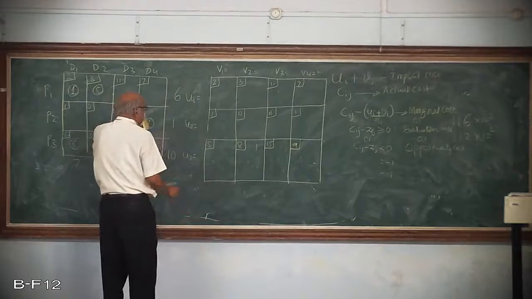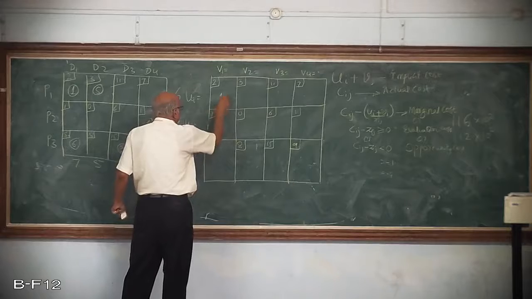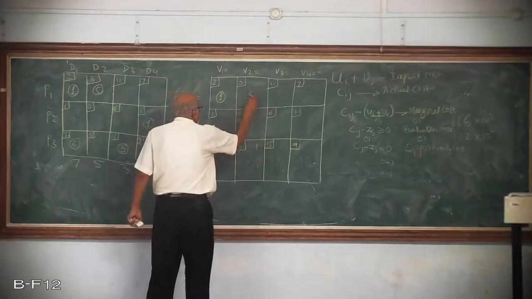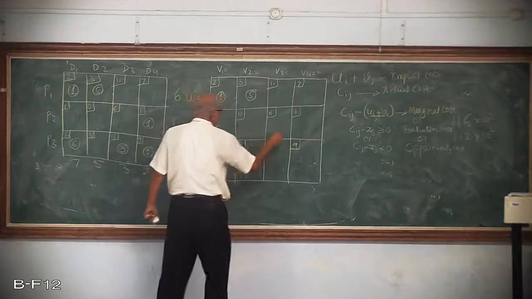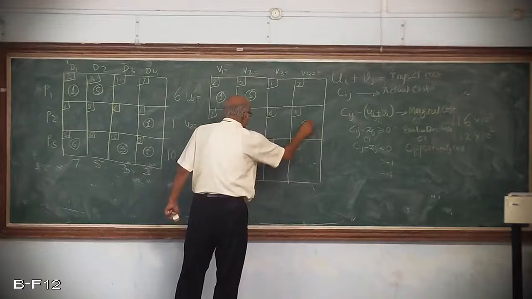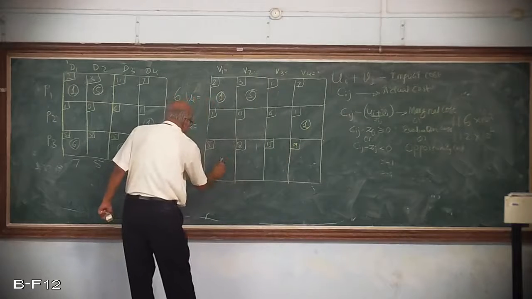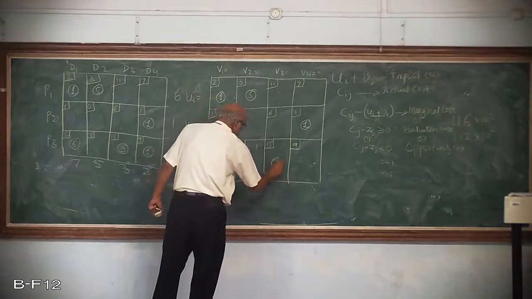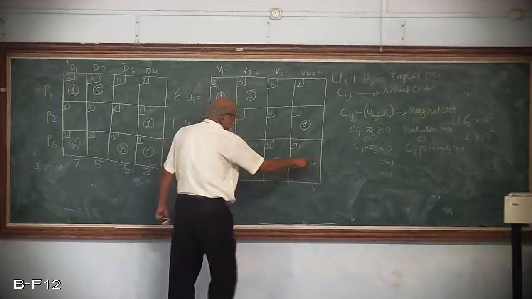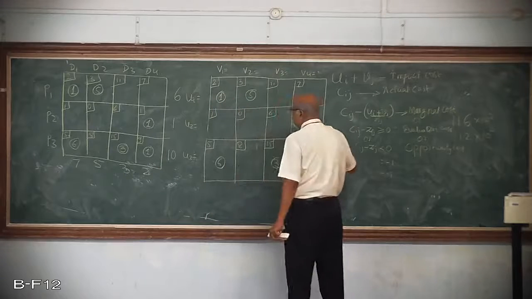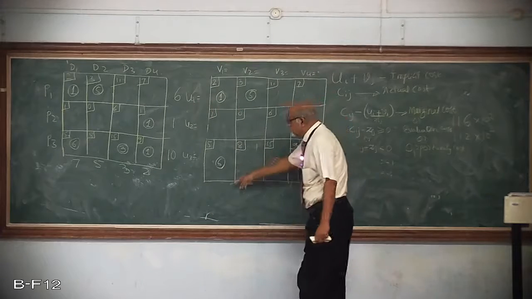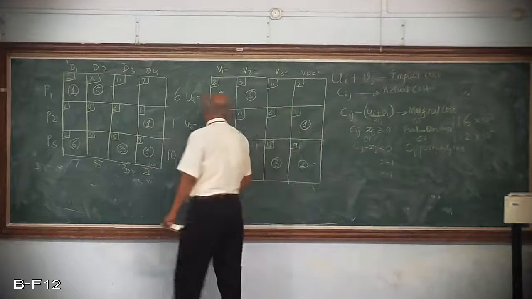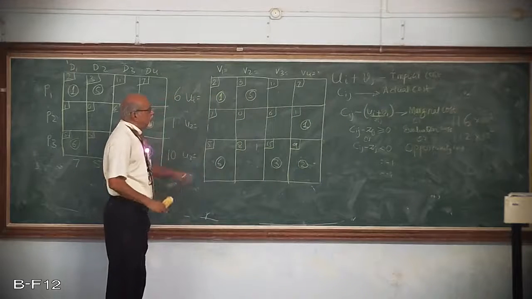And the allocated values by the WAM method: 1, 5, 1, 6, 3, 2. Of course, this will become 10, this will become 1, this will become 6, and the totals are 7, 5, 3, 2.